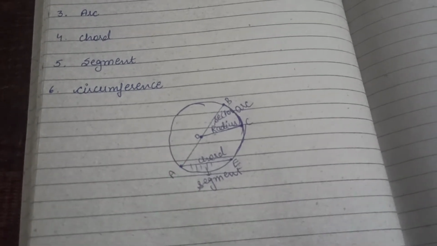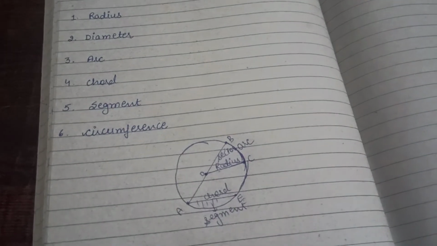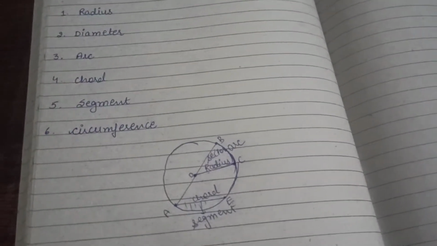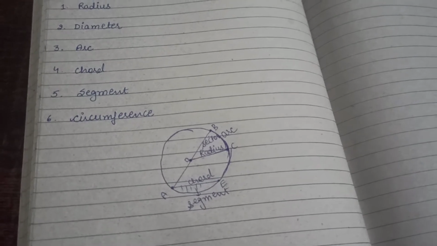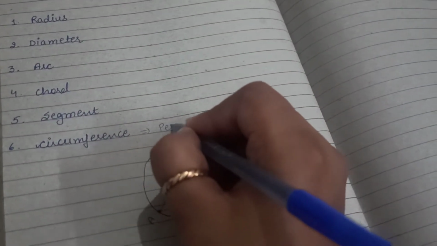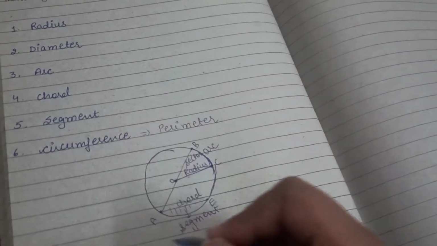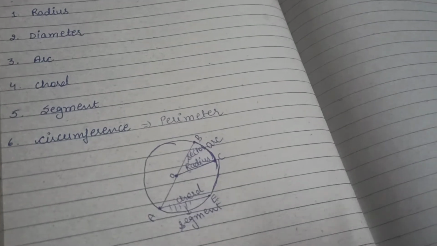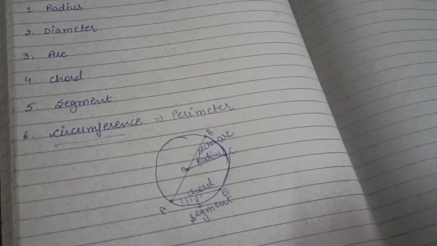Clear? Now, the main topic is circumference. As you all studied about the perimeter, the same in a circle we call circumference. The entire length of the circle is the circumference. Clear?